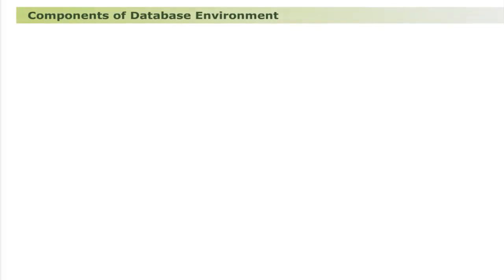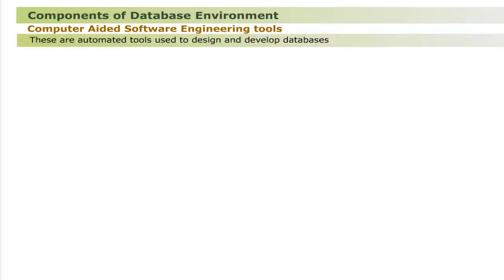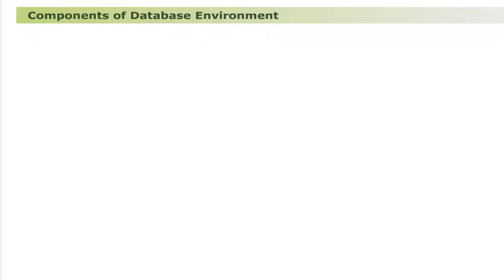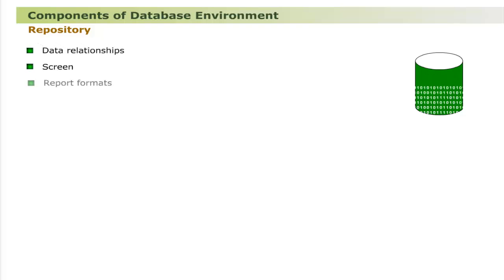Components of database environment. Dear learners, the major components of a typical database environment and their relationships are computer-aided software engineering tools. These are automated tools used to design and develop databases. Repository, a centralized storehouse for all data definitions, data relationships, screen, report formats, and other system components.